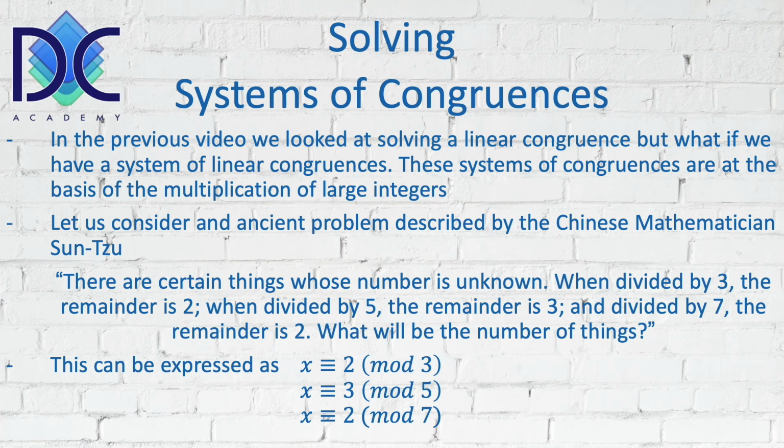So x is congruent with 3 modulus 5. And divided by 7, the remainder is 2. So we say that x is congruent to 2 modulus 7. And this is the basis of the Chinese remainder theorem. So basically, how can we find the value of x?